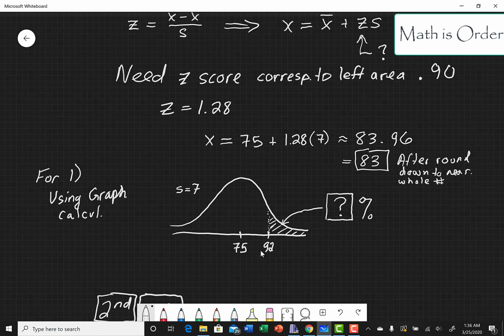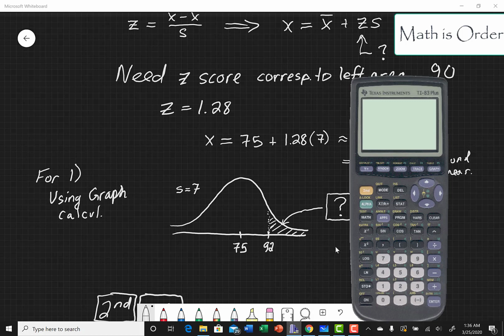So using the graphing calculator on this, you would use a procedure on the calculator. It's called the, what is that called? Normal CDF. All right. So to get to that normal CDF, we just turn on our calculator.